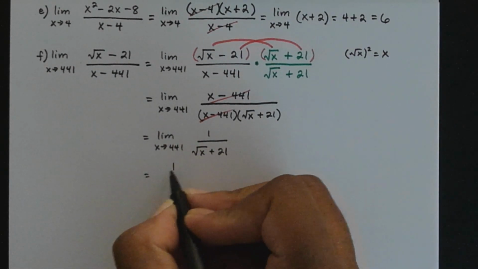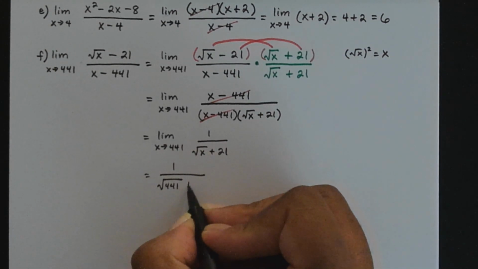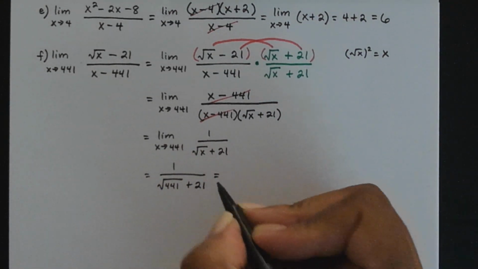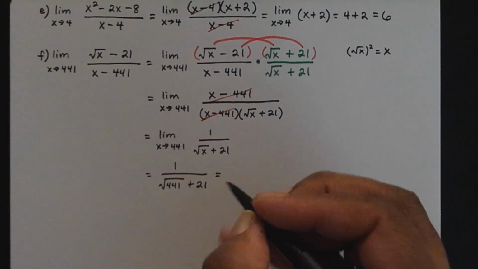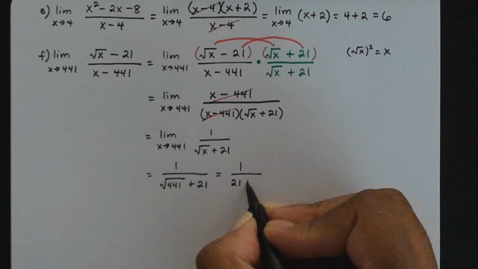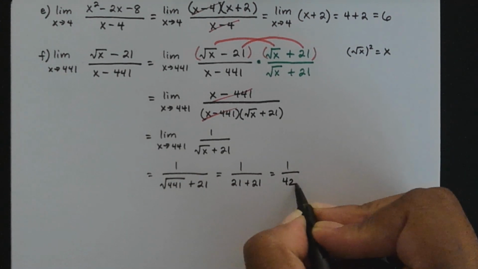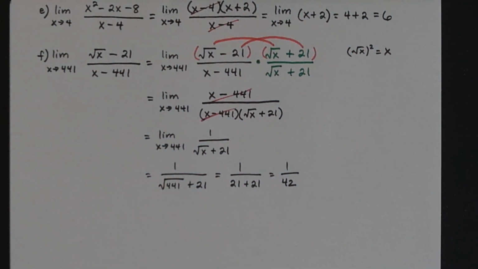So that means I have 1 divided by the square root of 441, and then plus 21. Now the square root of 441 is 21, and 21 plus 21 would give me 42 in the denominator.